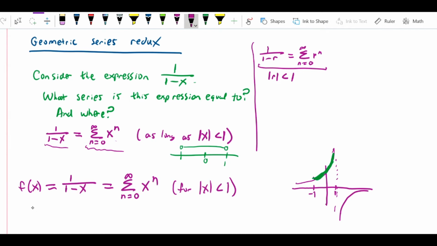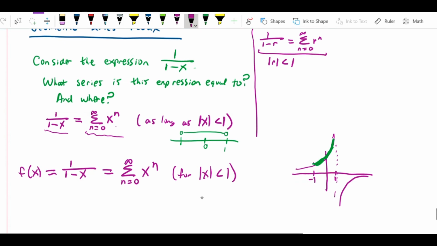That's where we're going with this: functions can be represented by a power series. In fact, this power series we've already shown through the argument above is exactly equal to this function, as long as x meets the constraint that x has to be between -1 and +1.